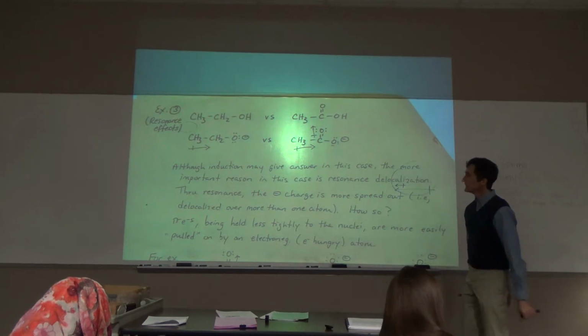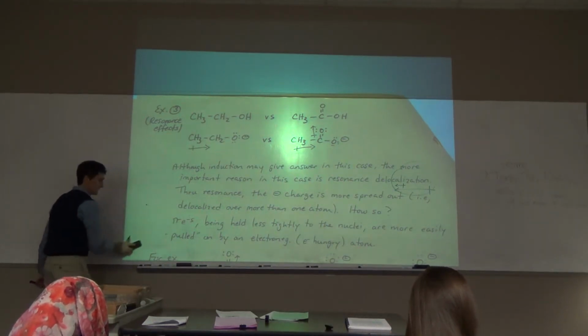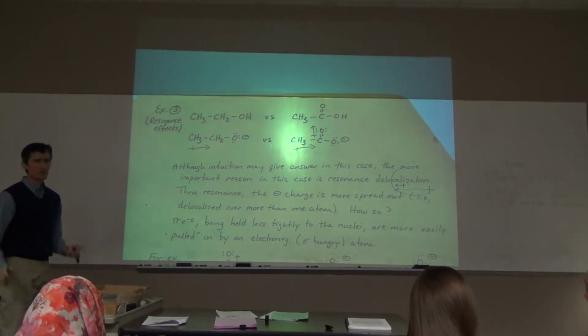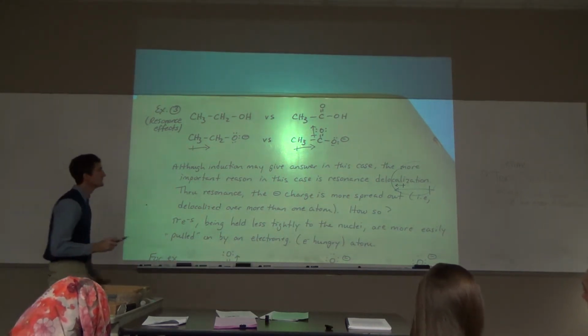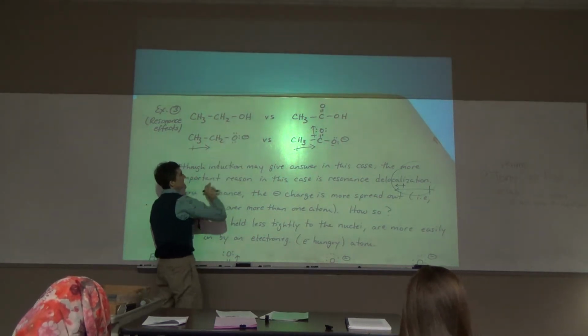Now, the resonance can be discussed in different parts, depending on how deep you want to go. Let's look at hybridization. These lone pairs are what type of orbital of this anion?